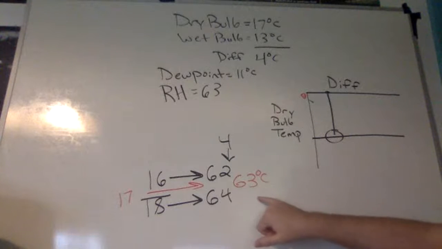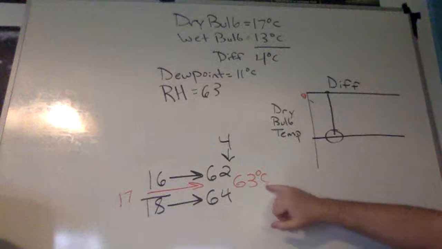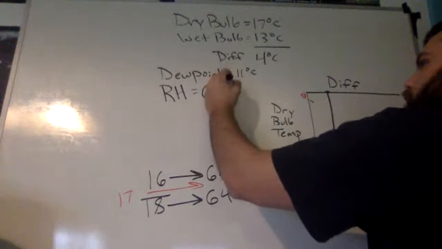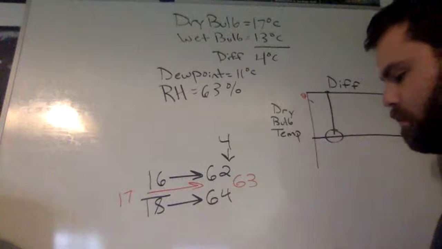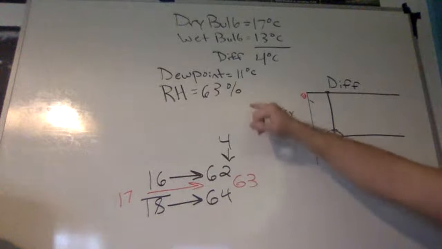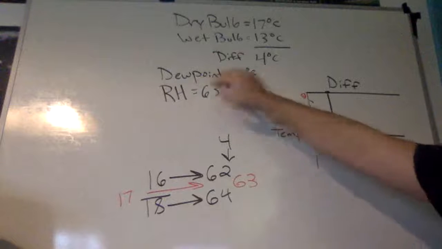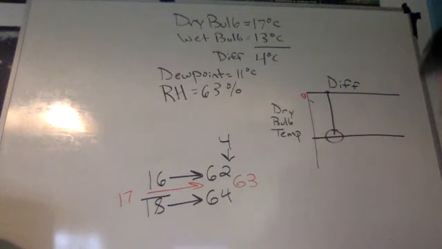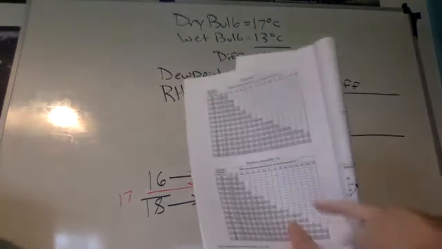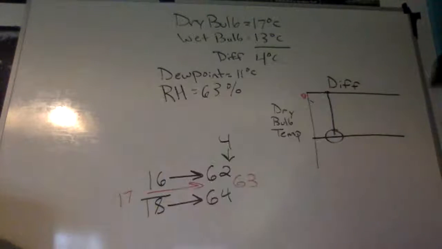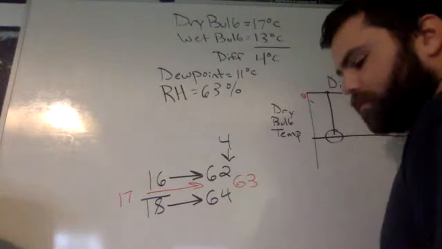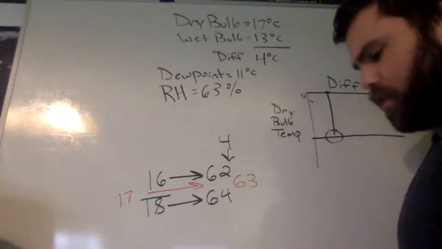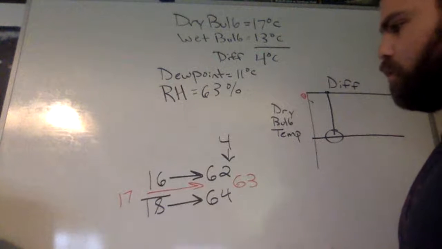What's wrong with this? The 63 degrees Celsius, is that what we put for relative humidity? No, it's going to be percent. So 63%. It's very easy to make a mistake like that. Always remember: dew point, degrees Celsius; relative humidity, percent. You don't want to ever get it wrong because the charts have the actual degrees or the symbols on it.